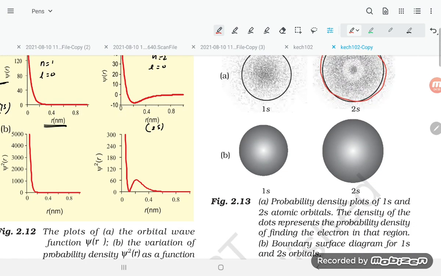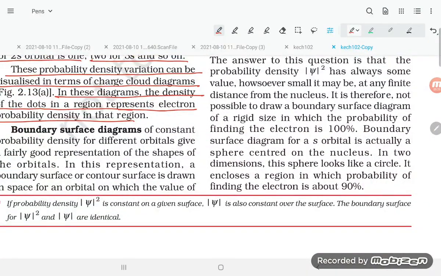So that is what they are saying about nodes: it is n minus 1 for an s orbital. For 1s, it will come as 1 minus 1, that is 0. For 2s it is 1, for 3s it is 2, so that is what they are talking about.